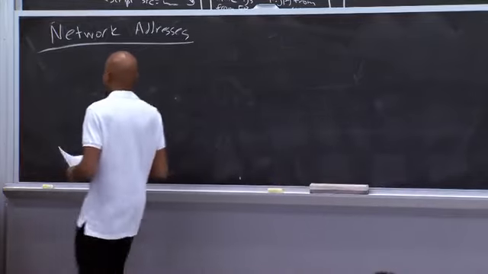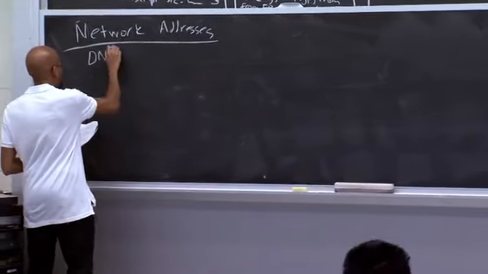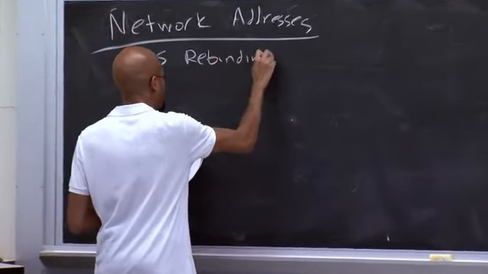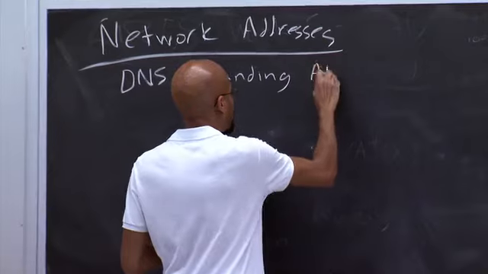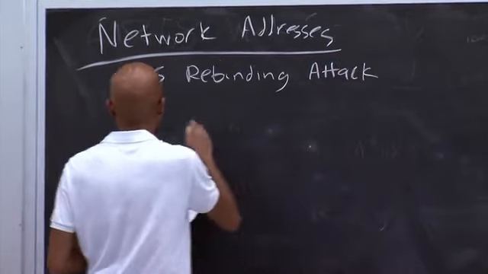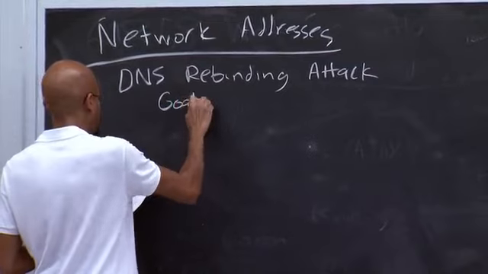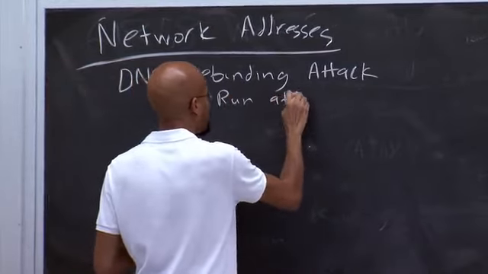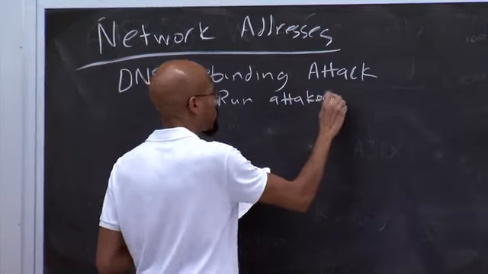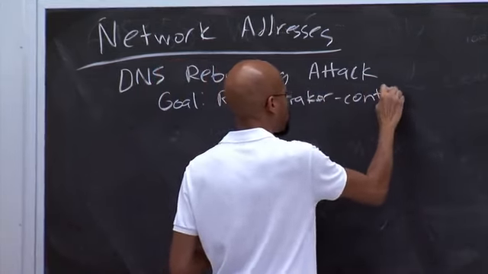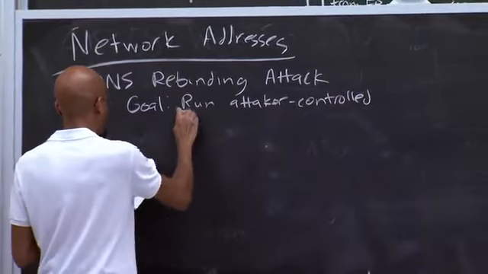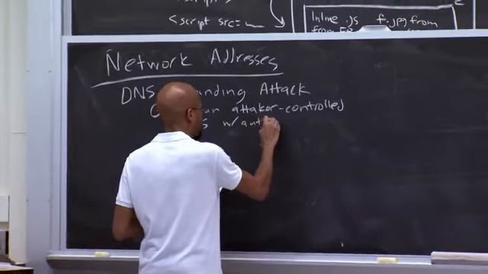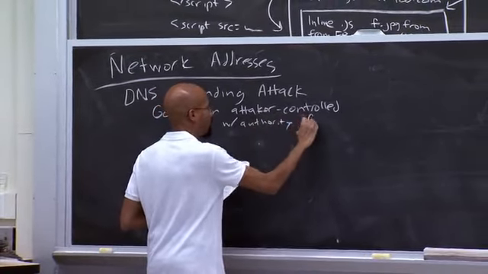So an example of this is the DNS rebinding attack. In this attack, the goal of the attacker is to run attacker-controlled JavaScript with the authority of some victim website.